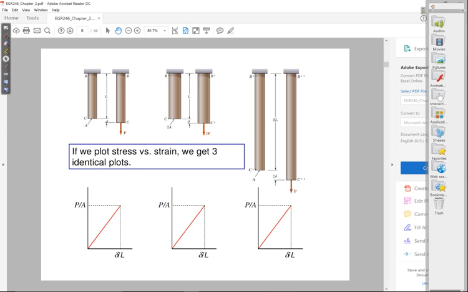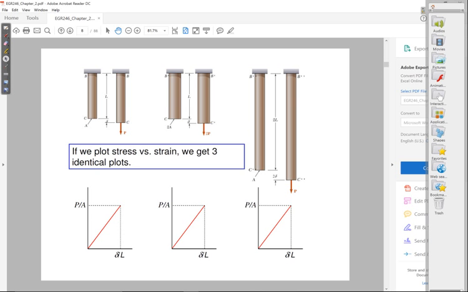And if you get these nice linear plots, it makes the data very nice and easy to work with. So what people have found is if you take any material, say steel or aluminum, then no matter what shape or what size you make your part out of, as long as you keep increasing that force and you keep measuring your deformation, you will always get the exact same stress-strain plot.